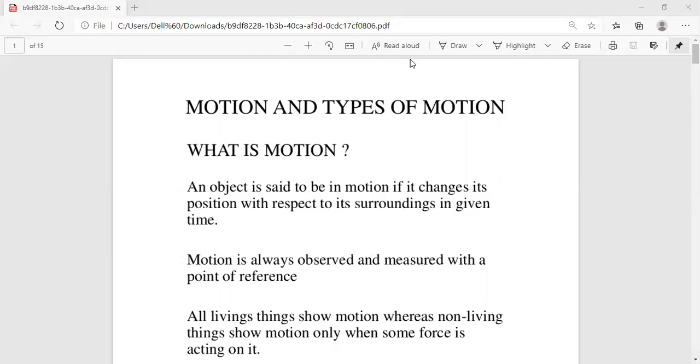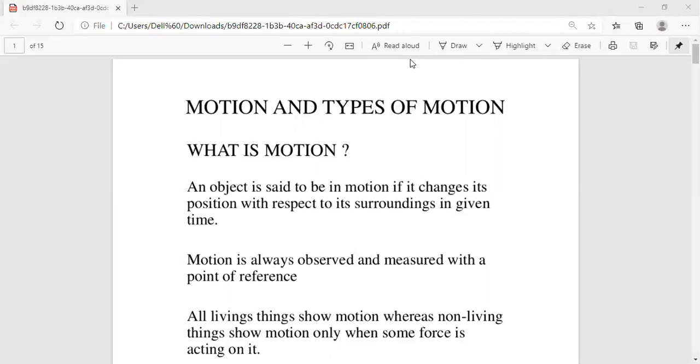So first of all, let's see what is the definition of motion. An object is said to be in motion if it changes its position with respect to its surroundings in a given time. So when an object keeps on changing its position from time to time, that object is said to be in motion.